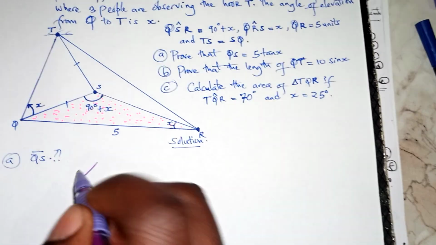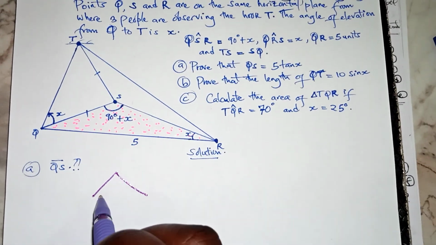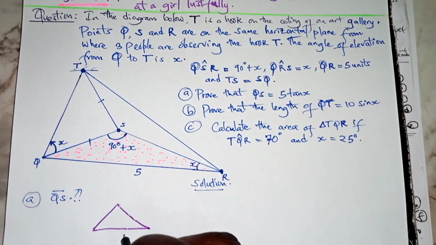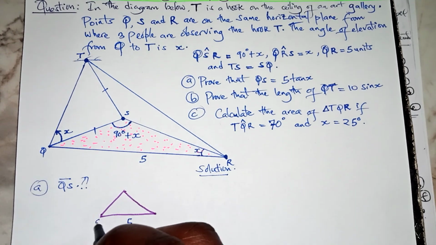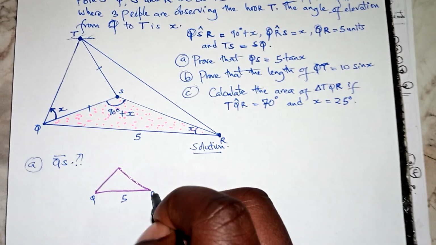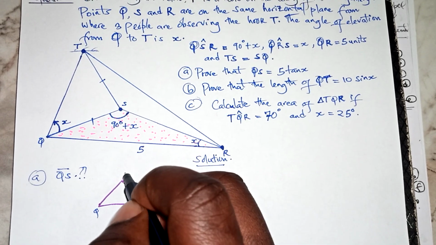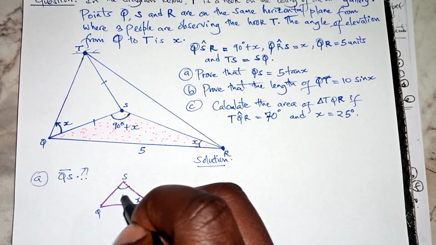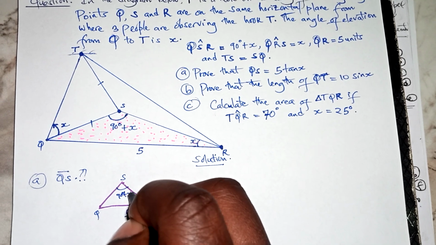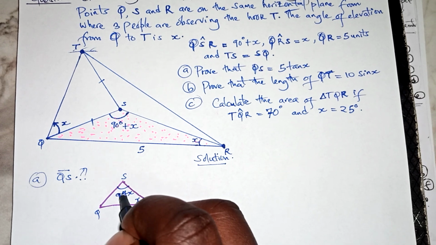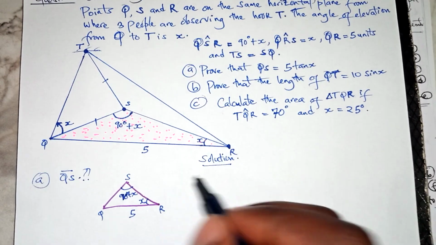Let us gladly sketch that one, whereby we have the 5 units from Q to R. We have the angle X. This is S. We have this angle as well, 90 degrees plus X.